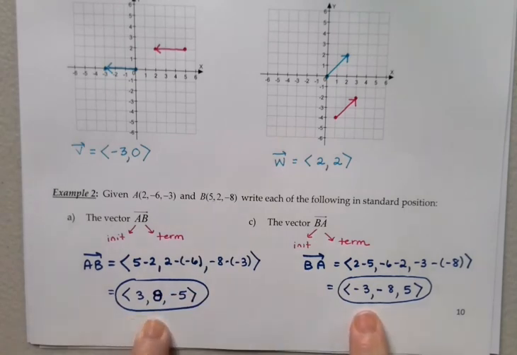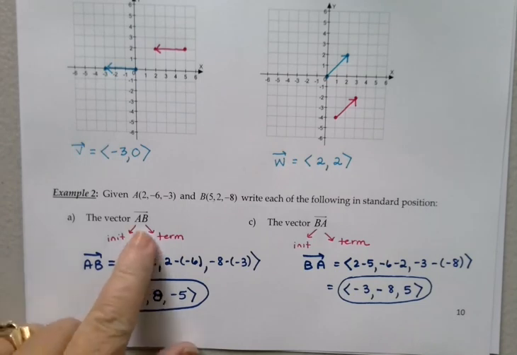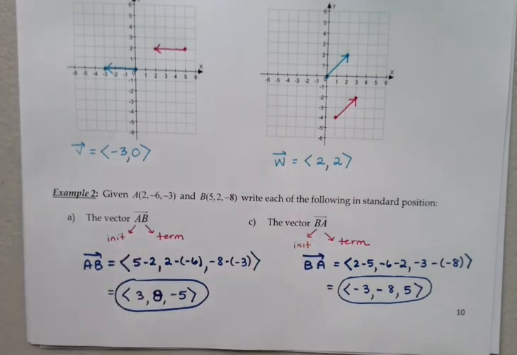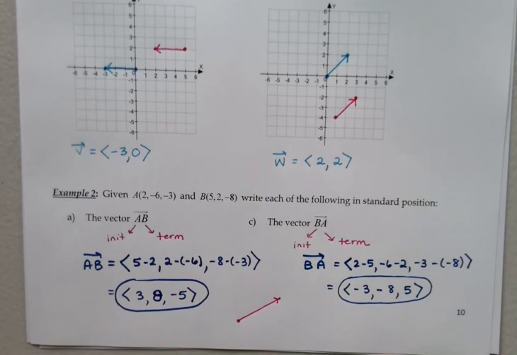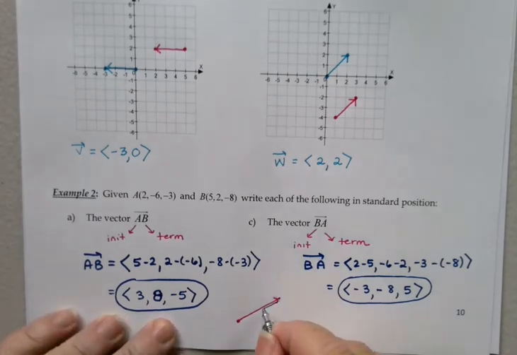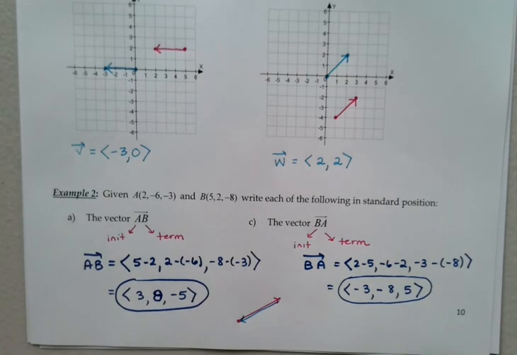All right, and you can see that these vectors have the exact same values, just opposite signs. And that makes sense. They are simply the same 2 points, just in opposite directions. So if you looked at these on a graph, one vector would go that way, and then the other vector would go this way. All right, so that's part 1. We'll come back and finish this section in part 2.